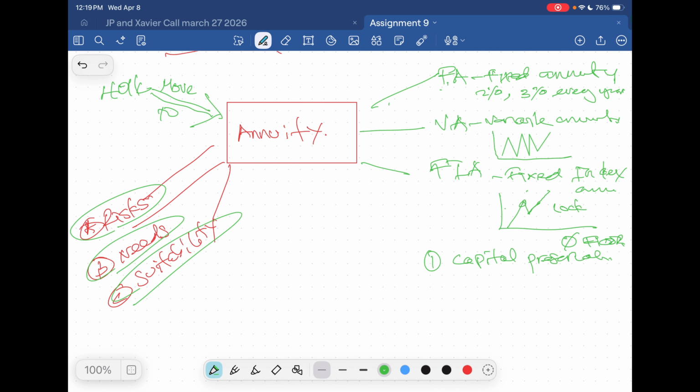They want to have capital preservation. Number two is growth in the market growth. And it locks every year. So market growth in the market, which means it locks every year. And this is important.